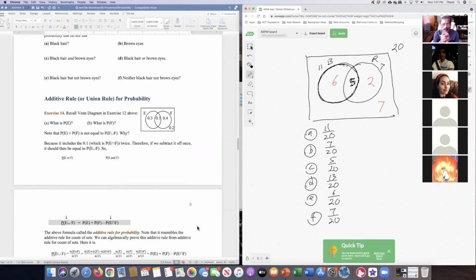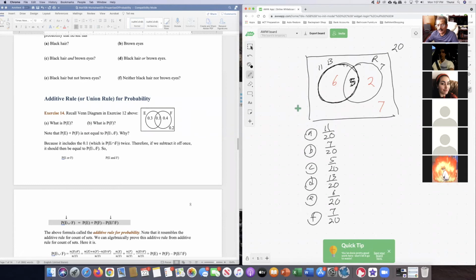Okay, so we are going back to the additive rule. We learned this additive rule for set theory, count of sets. Looking at this example that we just did, there are 6 on the left side of B, 5 in the middle, 2 on the right. So the union has 13, 6 plus 5 plus 2, right?